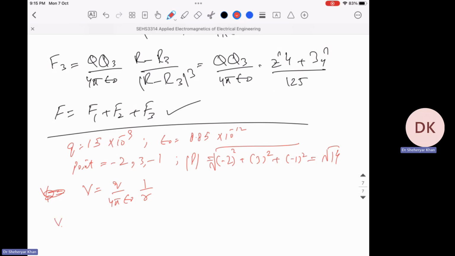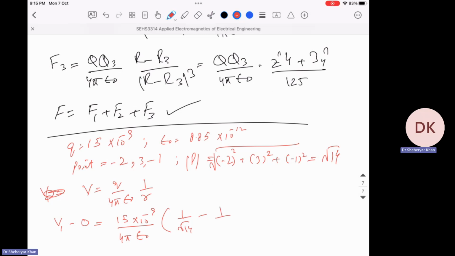So we will use the formula V1 minus 0, that means the difference of potential, is equal to 15 nanocoulomb over 4 pi epsilon naught times 1 over R. 1 over R is 1 over root 14 minus, you can take it into the bracket because everything else is the same.